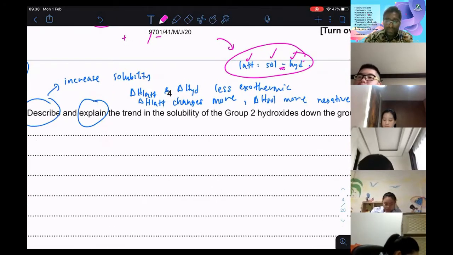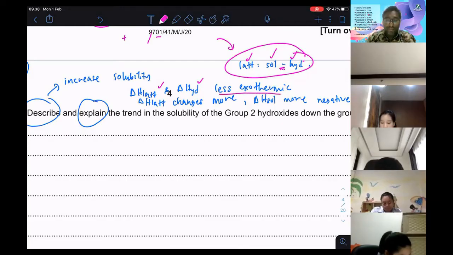Going down the group, because the size and the ionic radius are increasing, the enthalpy of lattice energy and the enthalpy of hydration become less exothermic. And which one changes more, or which one becomes more or less exothermic?